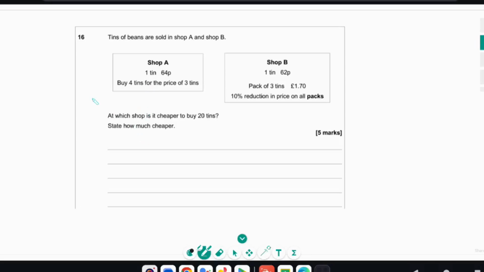Let's just deal with shop A first. 4 tins for the price of 3. Well, how many 4s go into 20? 5, because you've got 4, 8, 12, 16, 20. So every time we buy 4 cans, we're getting 1 free. We're only paying for 1, 2, 3, 4, 5 lots of 3, which is 15.